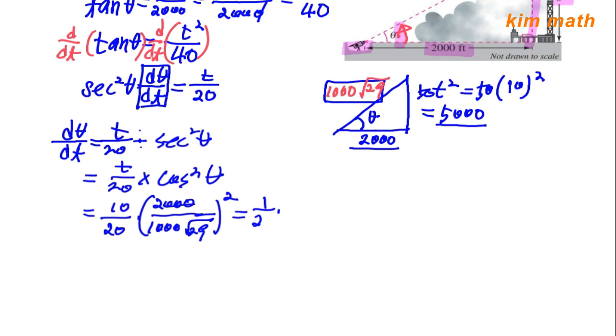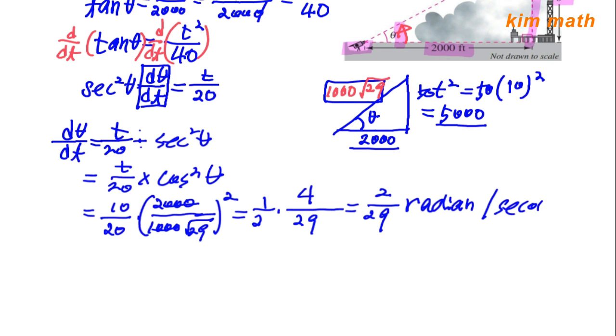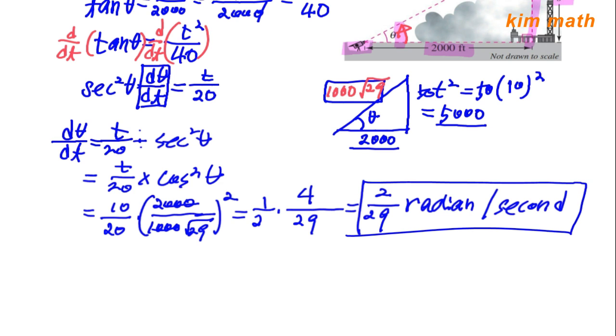After canceling out 1000, you will have 2 over square root of 29. Now if you square it, that will be 4 over 29, correct? Now this is 2 over 29 radians per second.